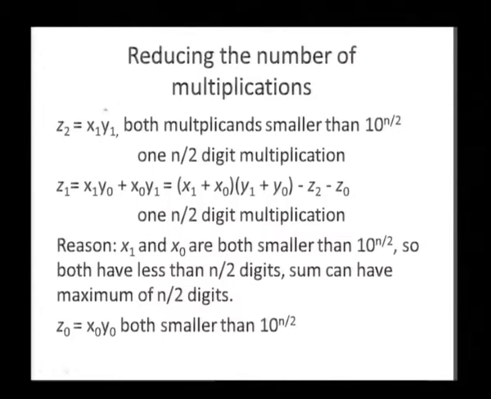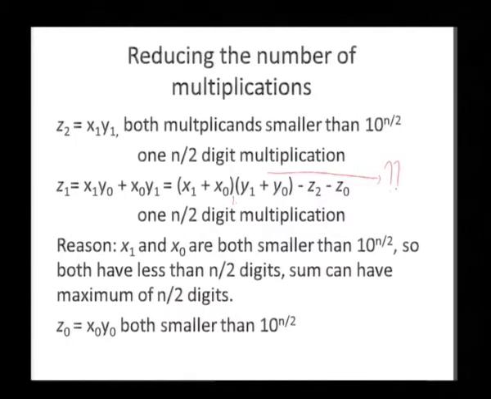So, this is just 2 n by 2 digits, 1 n by 2 digit multiplication. Z0, which is x0 into y0, both are smaller than n by 2. This is again 1 n by 2 digit multiplication. We only have to worry about and reason about this multiplication operation.